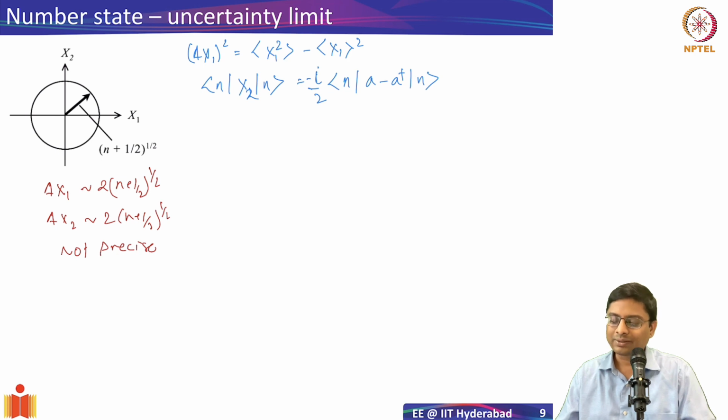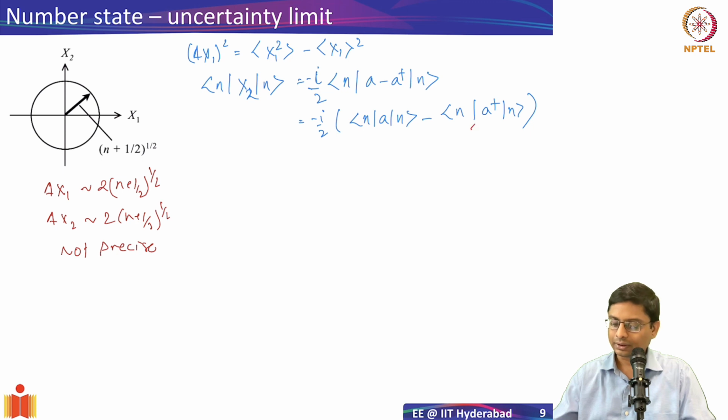So now the same thing basically. This will again split into two parts. This will be minus i by 2, n, a acting on n, minus n, a dagger acting on n, right? So again, this orthogonality will tell me that this term is going to 0. Both terms are going to 0. So my expectation value is 0 for x2.